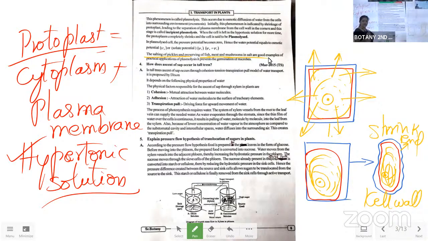Without this diagram, even if you have written the complete answer, you will get only 3 marks. Where is the diagram? How can you say that the cytoplasm has been shrinking and then the plasma membrane started shrinking from where?